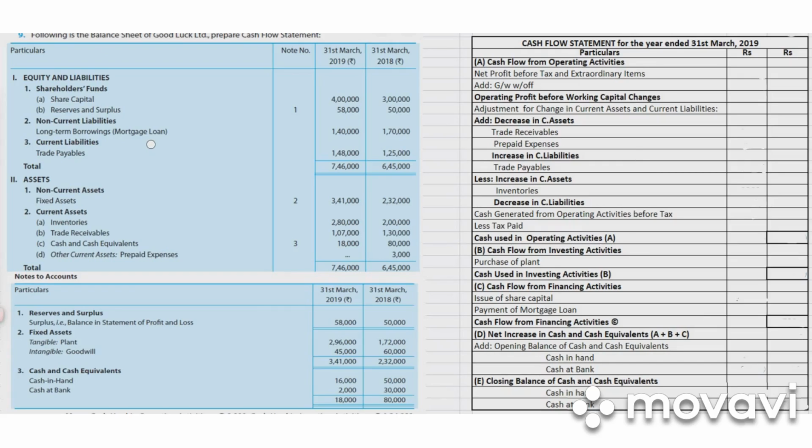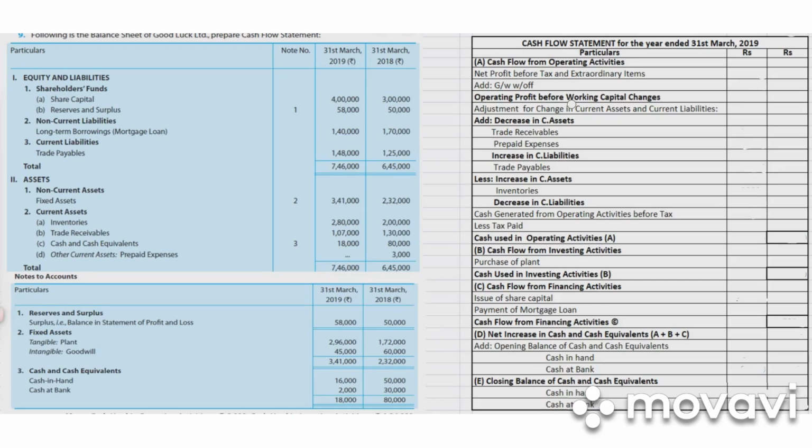So what we need to do basically is, from the balance sheet main part and the notes to accounts, pick up all the cash inflow and outflow and put it in the relevant section. That is the most important thing. We have to know which item is coming where and how much.